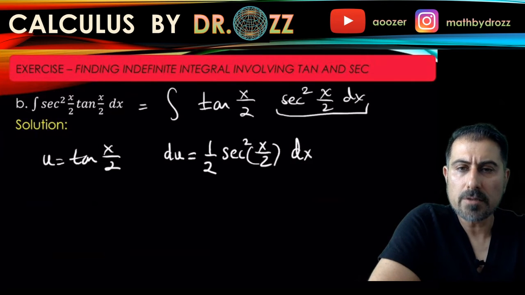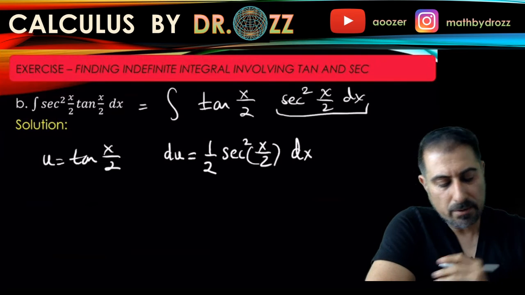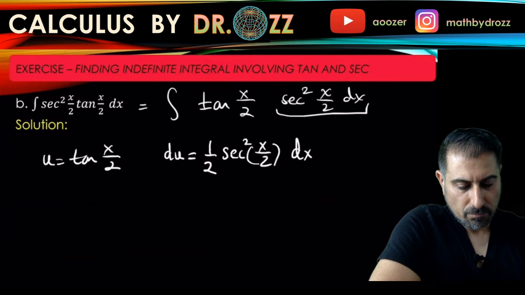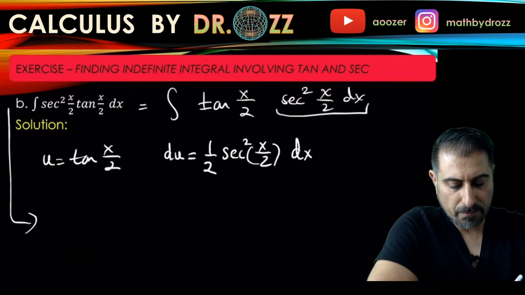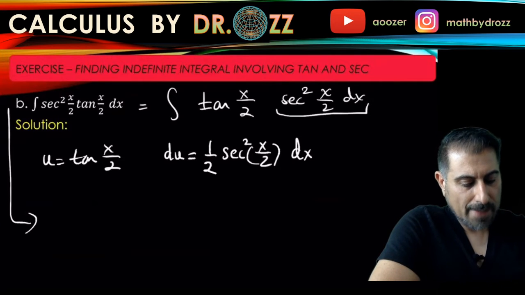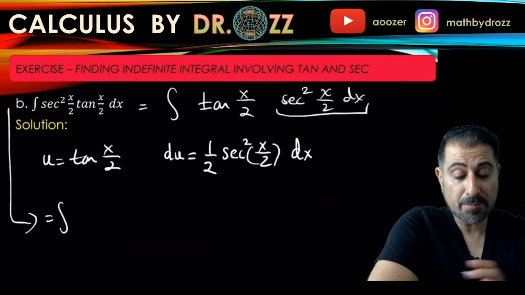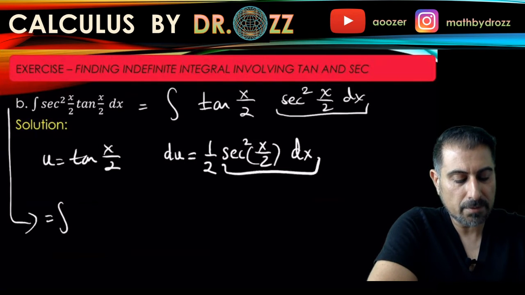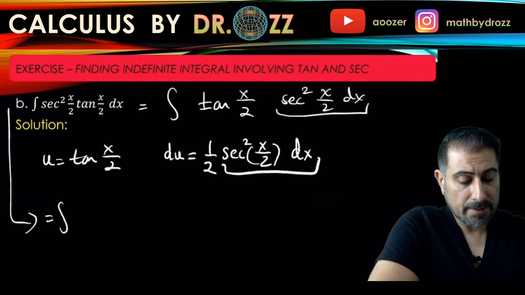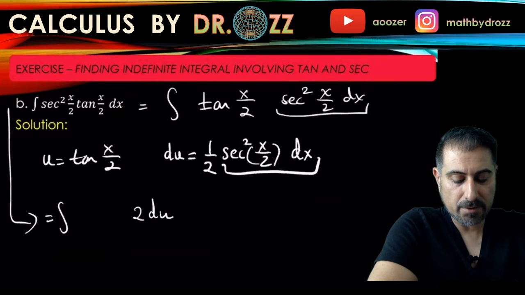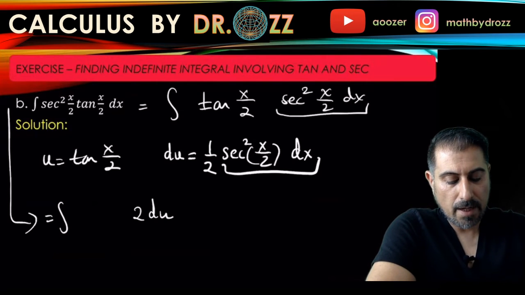Okay, good. So now this integral turns out to be, first of all, secant squared x over 2 dx is equal to 2 times du. So I'm going to replace that by 2 times du. And tan x over 2 is just u. So in turn, I have 2u du.